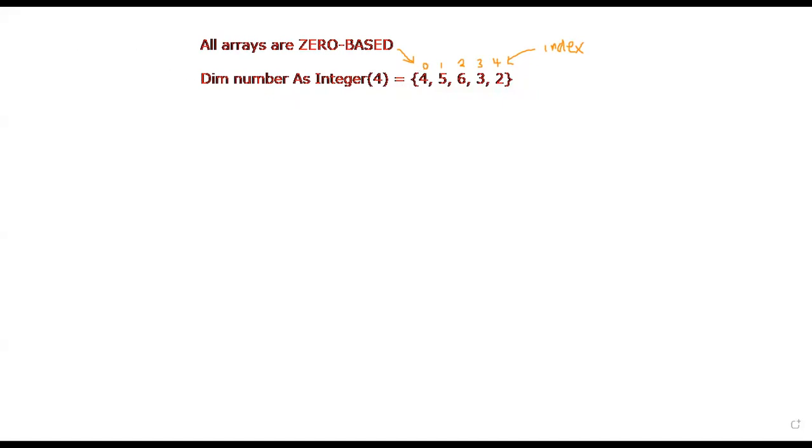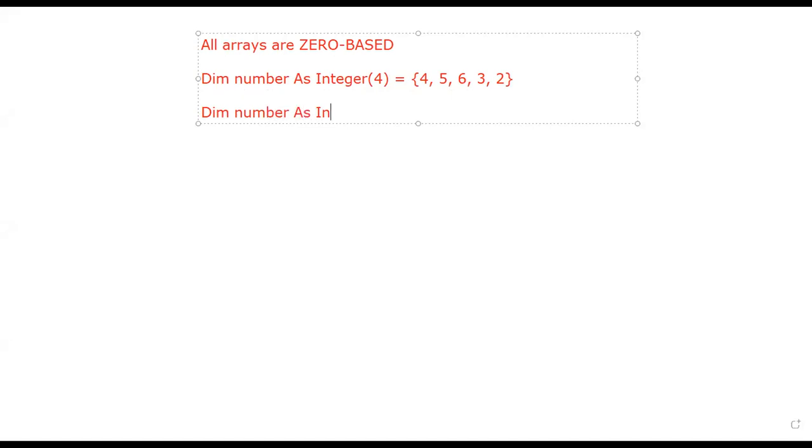Now, another thing about VB.NET when it comes to arrays is that in declaring an array, usually, or for instance, what we just did, integer, we specify what we call the lower bound to the upper bound index.